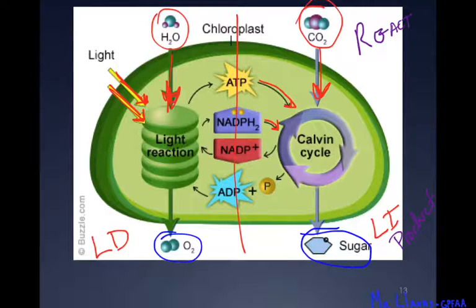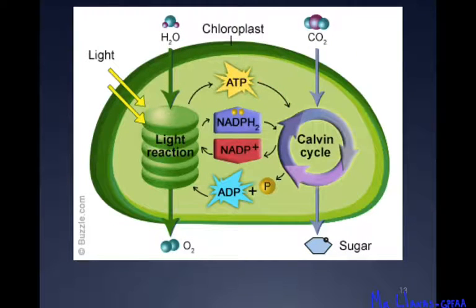O2 and sugar are produced by putting CO2 and water and light into the chloroplast. Okay, so products and reactants. That's photosynthesis: the production of sugar by autotrophs in the chloroplast by using CO2, water and the sunlight.